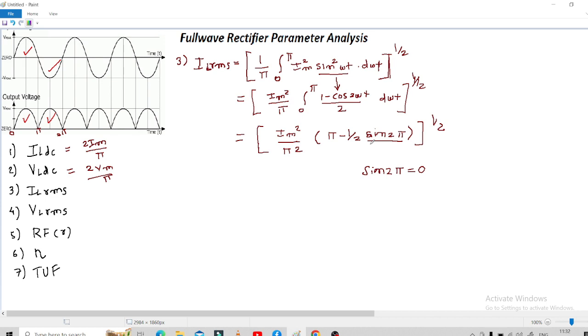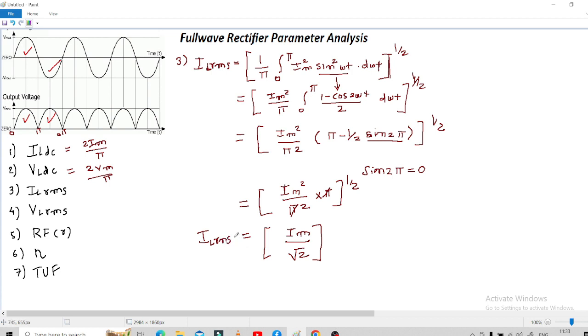Here comes pi, and this pi and pi get cancelled. So in the bracket we are getting Im square upon pi into 2 into this pi, whole raised to half. If I open this bracket, it is nothing but I_L RMS equals Im by root 2.